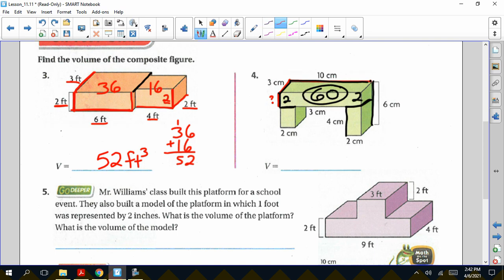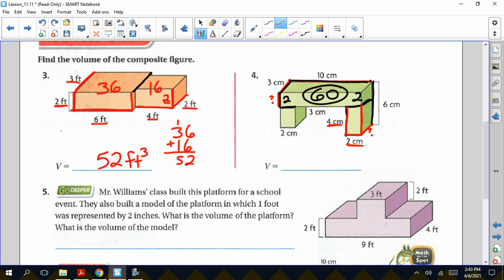Next, we'll look at this larger leg here, and again we need length, width, and height. The length would be 2 centimeters. The height is the same here as it is here, so it's 4 centimeters. And our width, we have to look around.